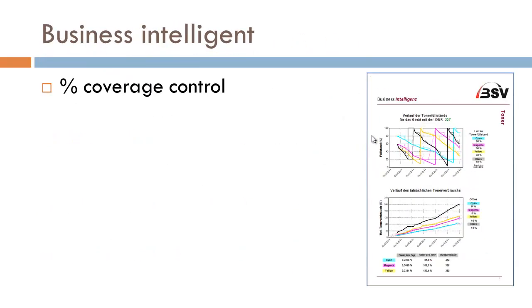Business Intelligence is a wide area of possibilities in our Success ERP cloud-based solution. One big topic today is percentage coverage control. We want to know what the coverage in black and white and in color of the devices is.